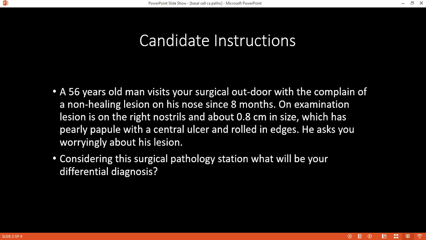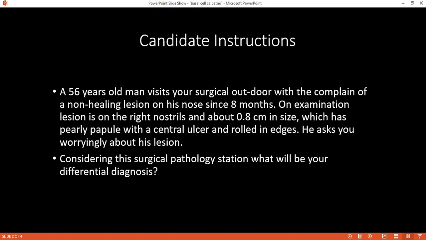Basal cell carcinoma arises from the basal layer, while squamous cell carcinoma usually arises from the superficial layers. Basal cell carcinoma has rolled edges, while squamous cell carcinoma usually has everted lesions. Basal cell carcinoma is usually locally limited, while squamous cell carcinoma can metastasize.